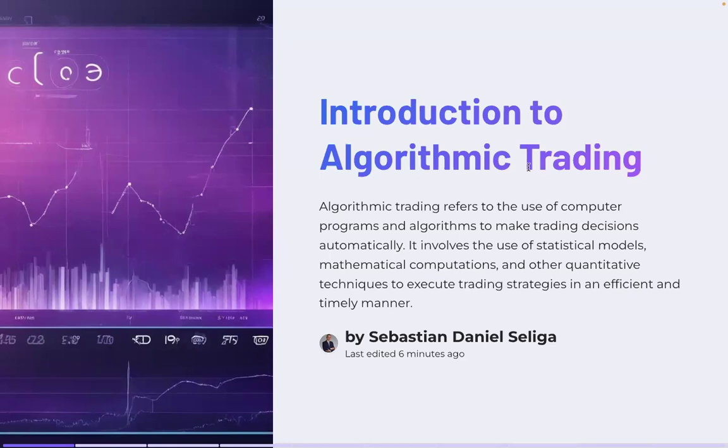As far as I'm concerned, you can do it in a few ways, but the number one definition is that algorithmic trading refers to the use of computer programs, that is algorithms, to make trading decisions automatically. This involves the use of statistical models, mathematical computations, and other quantitative techniques to execute trading strategies in an efficient and timely manner, without any help of human interaction.